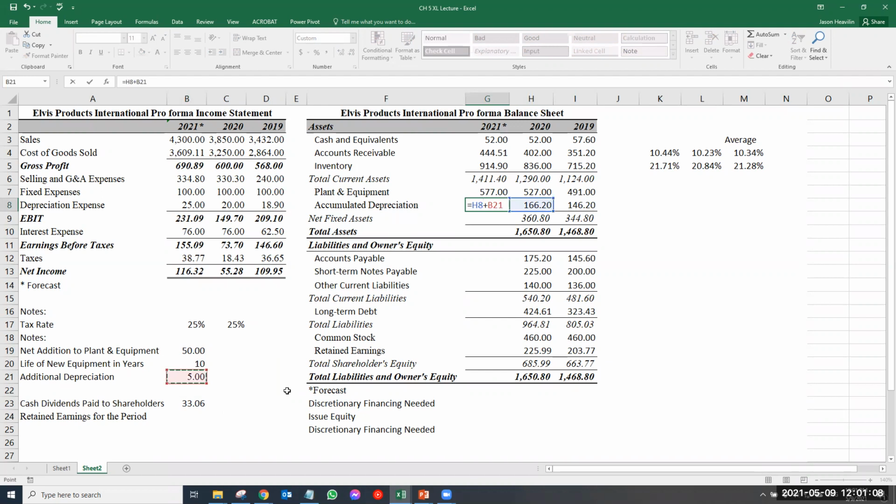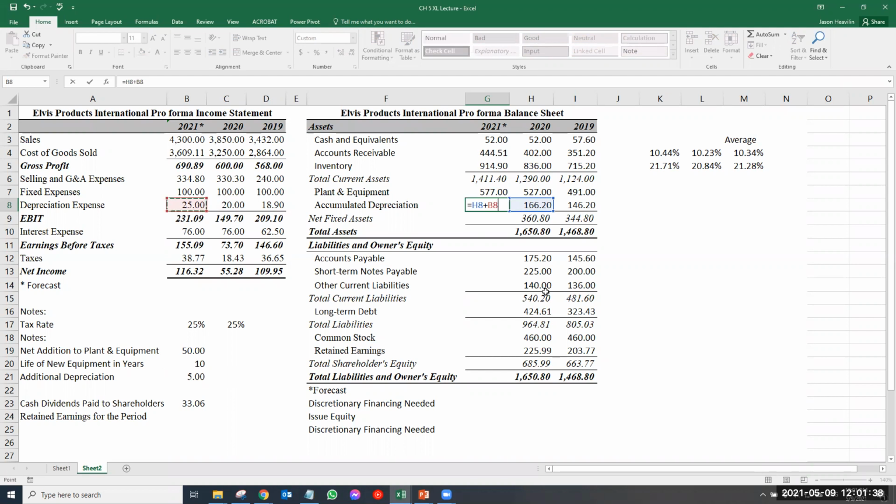However, we still have to account for the 20 that was going on every year. So we're going to approach this a little differently. Instead of just adding the 20 of the previous year and the increase of 5 and the previous accumulated, which would be the step by step, the straight way to do it is we take the previous accumulated depreciation and add the 25 that we already projected before.